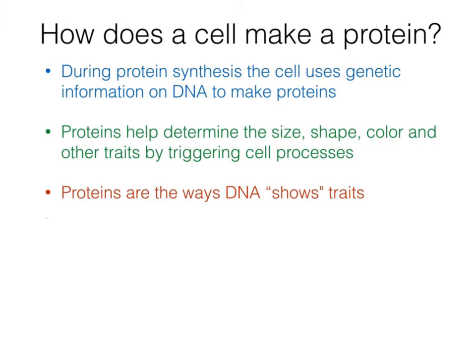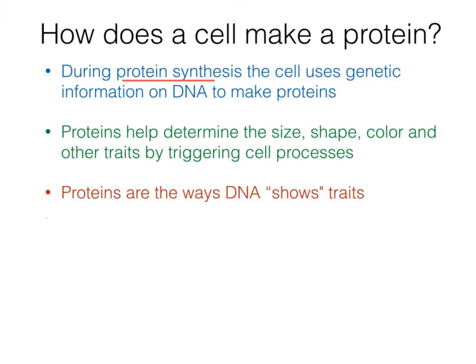So let's start with how does a cell make a protein? So here we are during what I called before protein synthesis. Cells use the genetic information on the DNA to make proteins. So we talked last week about what that means. Well, segments of DNA bases, nucleotide bases, are considered a gene, and genes code for different traits.